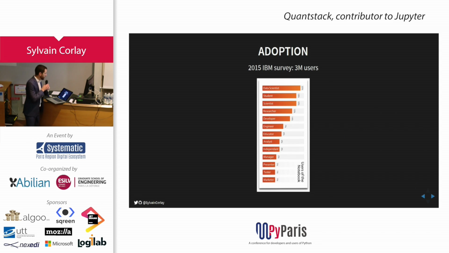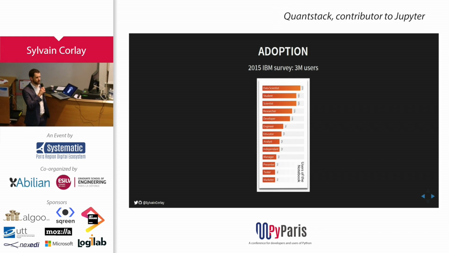languages. In terms of adoption, back in 2015, IBM conducted a survey of the Jupyter community and estimated that back then the community was about 3 million users. So it's huge. And as an open source developer, when I started contributing to IPython, which was really not to 3 million users, I had not imagined that code that I was writing would impact so many people.